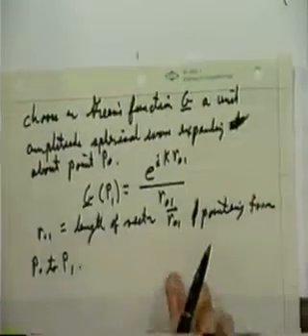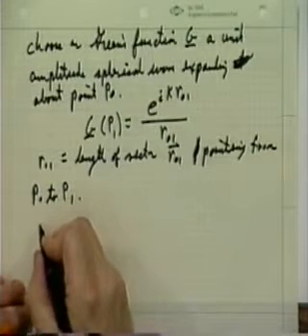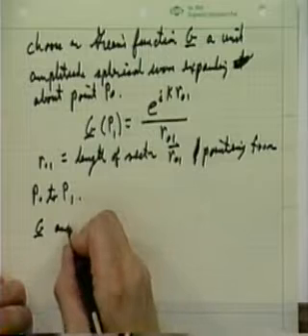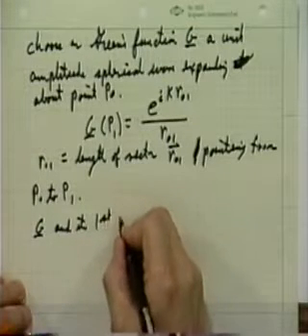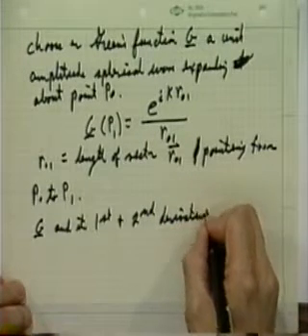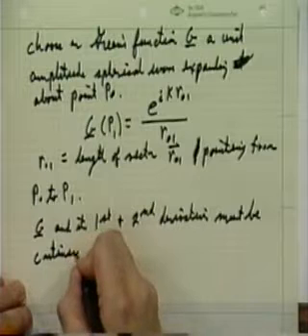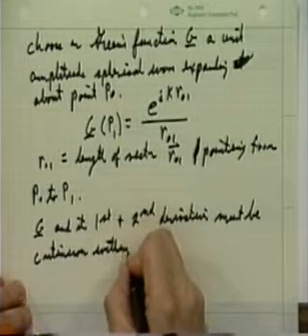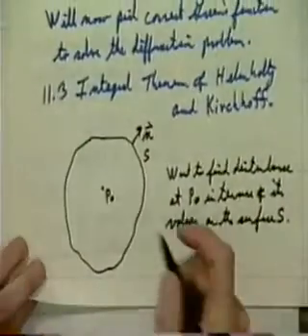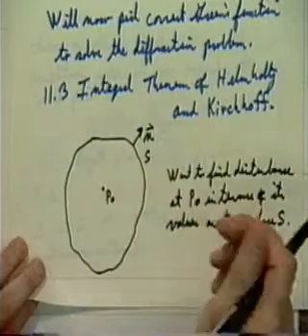Move the drawing out of the way, but we're going to bring it back very soon. Okay, now going back to the Green's function, one thing we said is that this Green's function and its first and second derivatives must be continuous within V. So G is a spherical wave coming out from point P0.